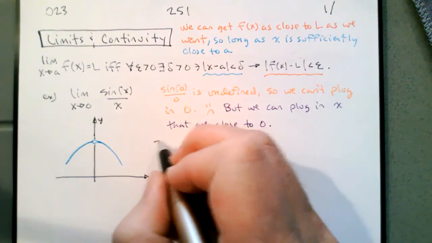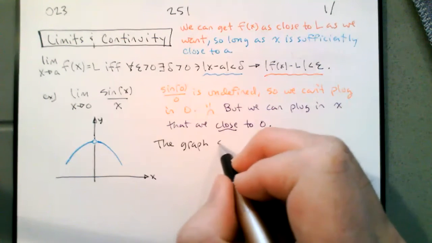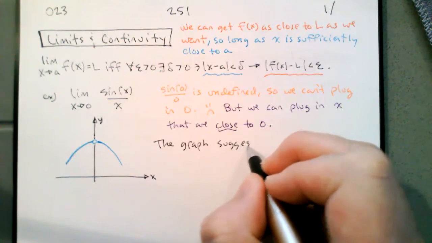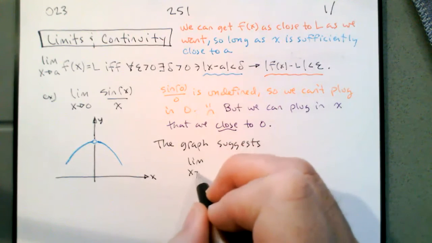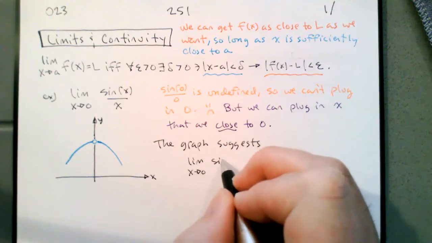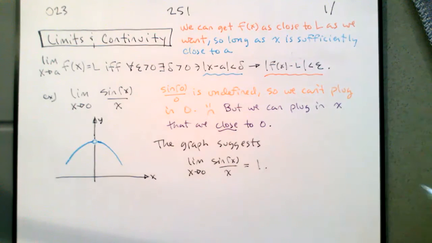So the graph suggests that the limit as x goes to 0 of sine x over x is equal to 1.